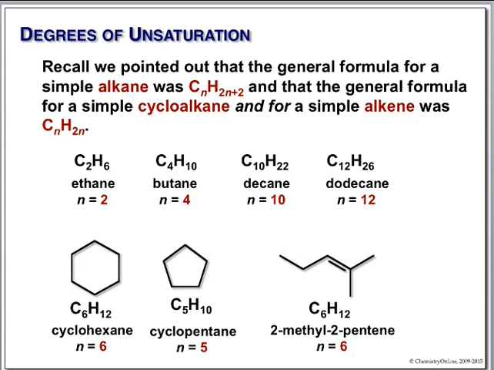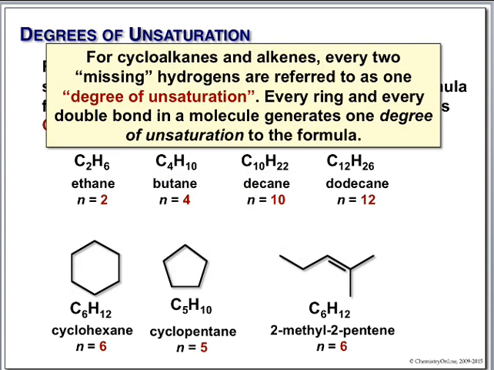C6H12. When we look at a simple molecular formula, we can decide which rule this is following. For every 2 hydrogens that you're missing, we say that this thing has 1 degree of unsaturation.